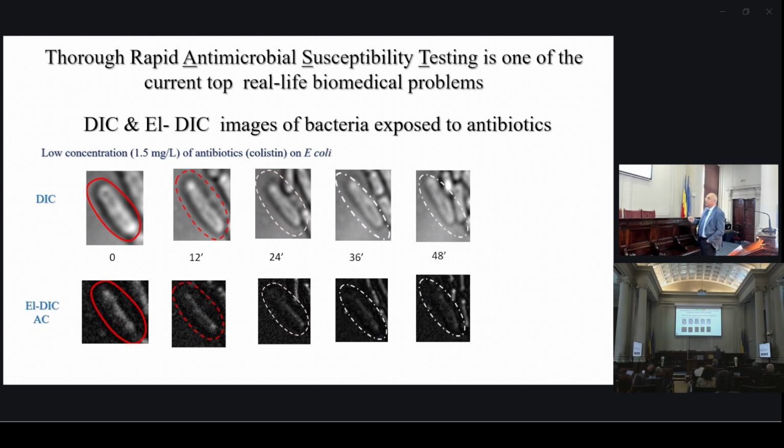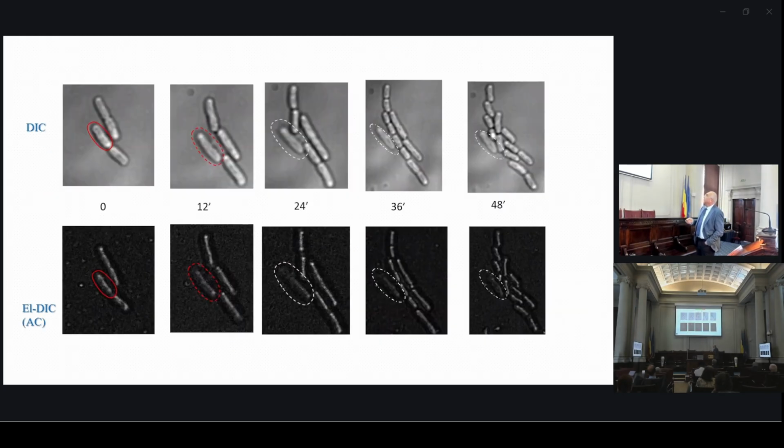So this means that without any labeling, it is possible to gain quantitative information about the viability of a cell, and you can do this clearly at single cell level. After that, I said, okay, let's look at the entire population. And I marked here the cells that I presented in the previous slide.